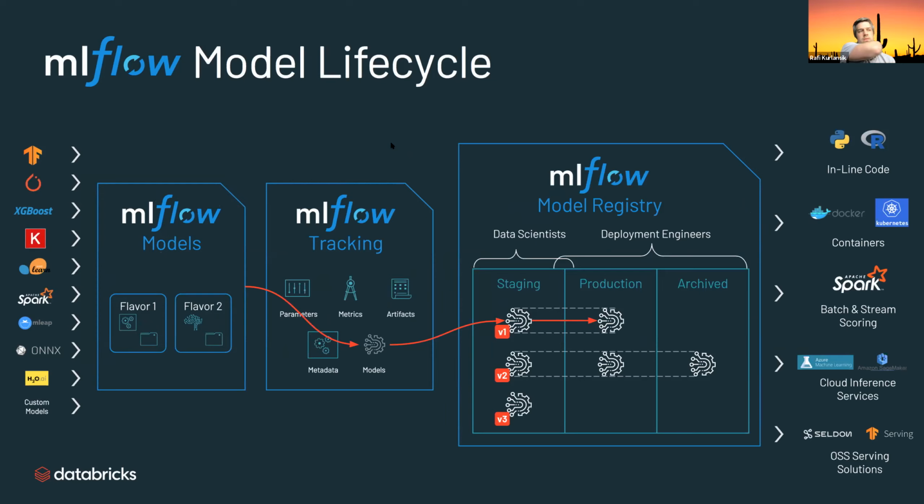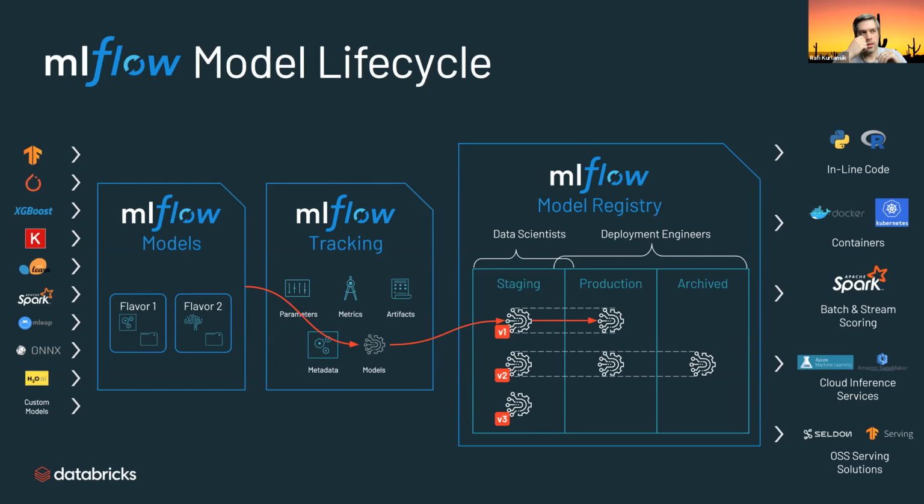At a high level, the way that this works is you choose the existing libraries that you would use to train models. And then using the tracking APIs, you can log these models as MLFlow model flavors. So you would have a TensorFlow flavor or a scikit-learn flavor or a Spark flavor or something like that.